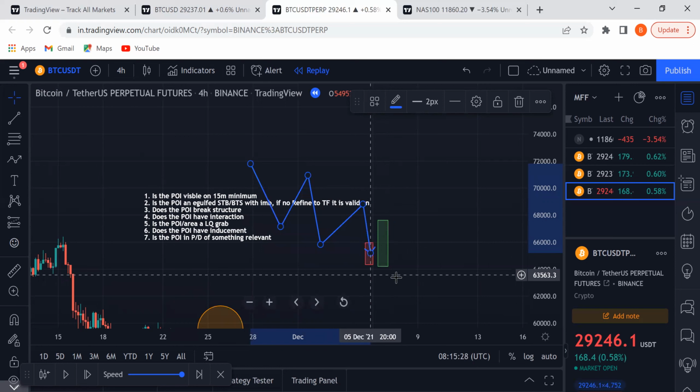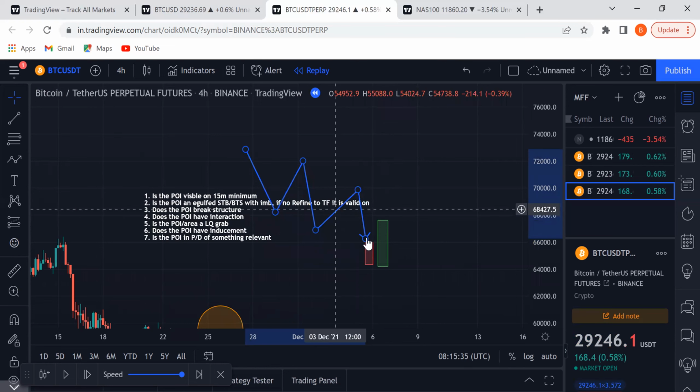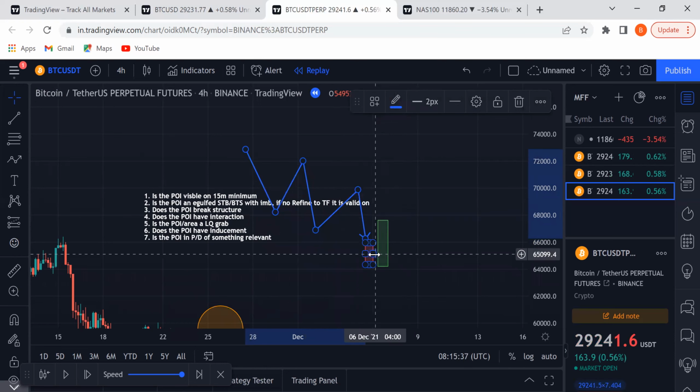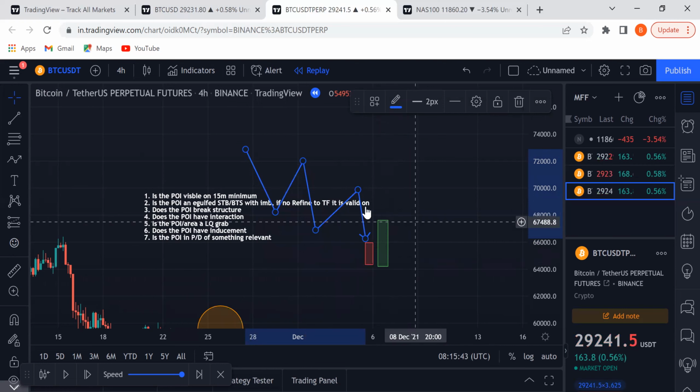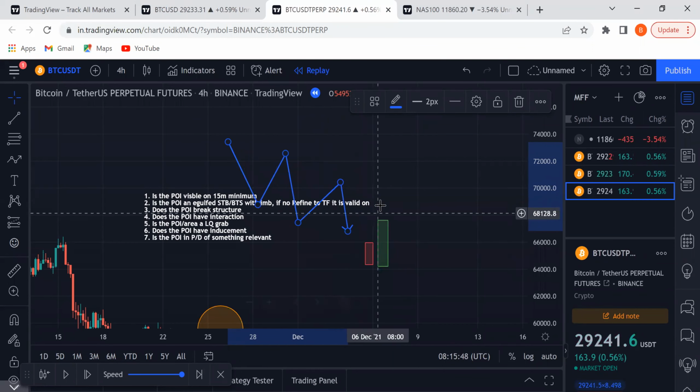Now, this is an engulfing pattern that I taught you in the beginning of the course, right? This is a bullish engulfing pattern, right? That's what this is. Now, this is what we call sell to buy. You understand? Sell to buy.